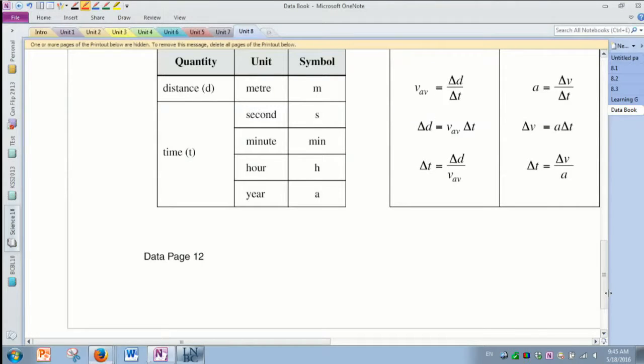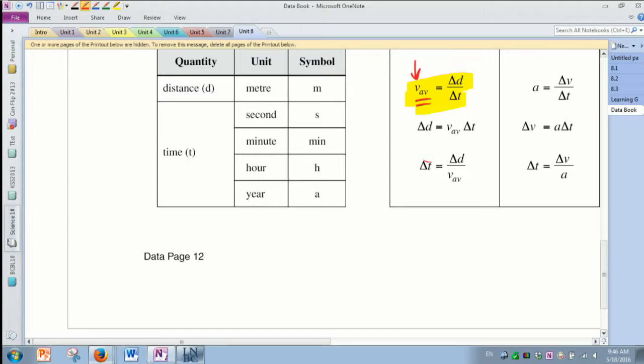Those are the three things I have. I see that this first one has average velocity, distance, and time, and it's already solved for average velocity. All of these equations have the same letters in them, D, V, and T, but we want one that has the thing we're trying to find, average velocity, already isolated.